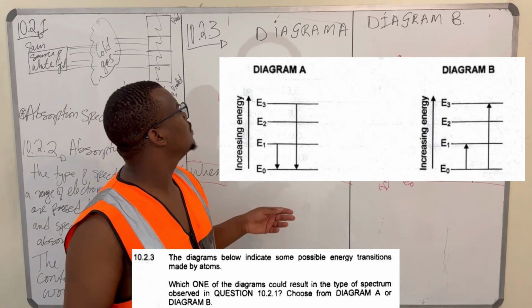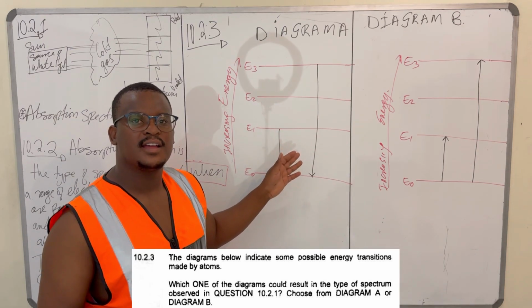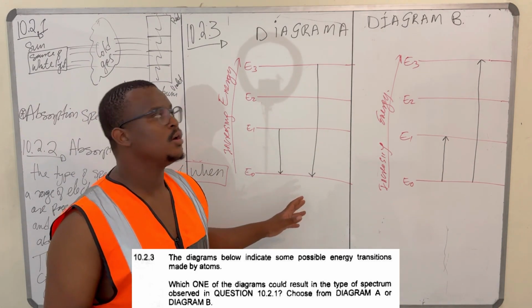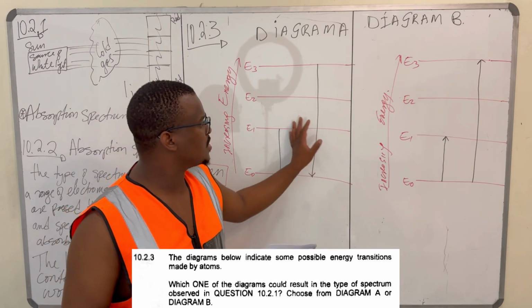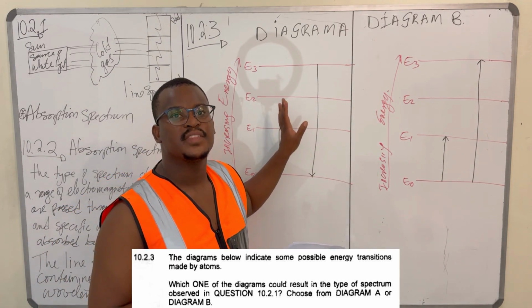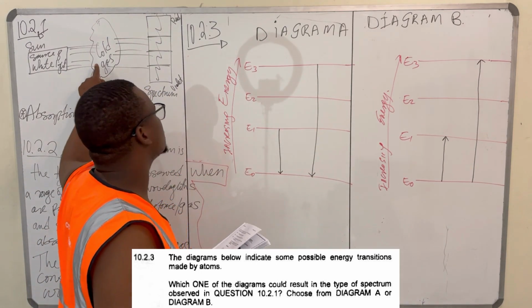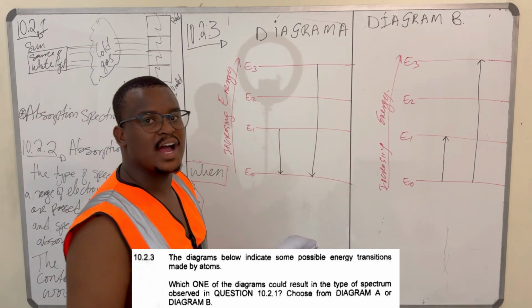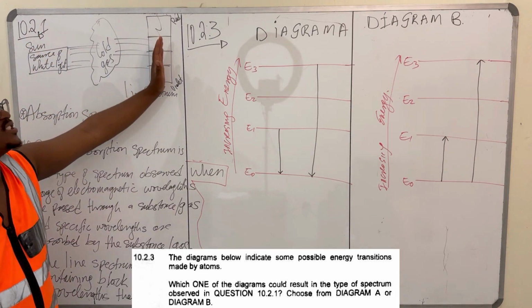Okay, these two diagrams that you see here show possible energy transitions made by atoms when this experiment was made. They show us the possible energy transitions that might have been made by atoms within this gas when this experiment was carried out. So we said a light was shone into a gas and we observed a light spectrum.